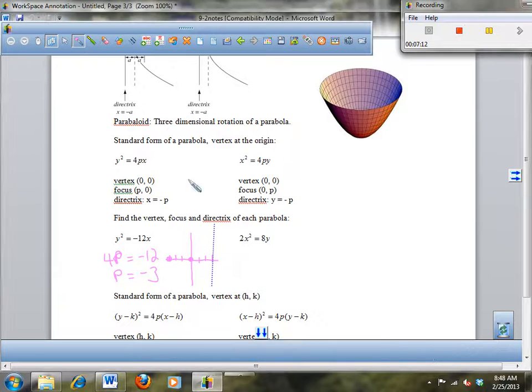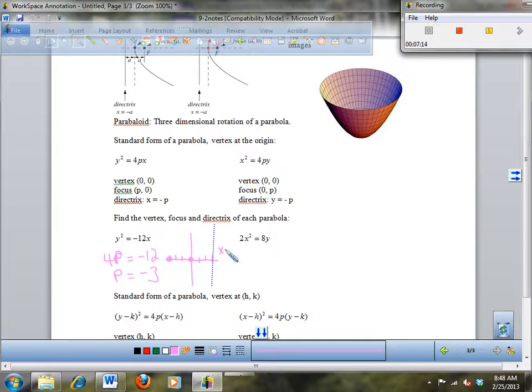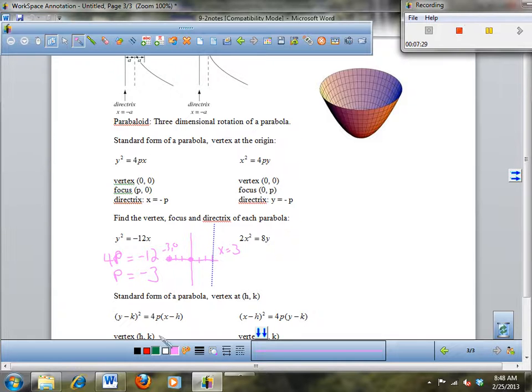So this is the directrix, x equals positive 3, because the focus is at negative 3. This is the focus at negative 3, 0. And then the parabola itself goes through 0, 0 and goes like this. All right? Like that.